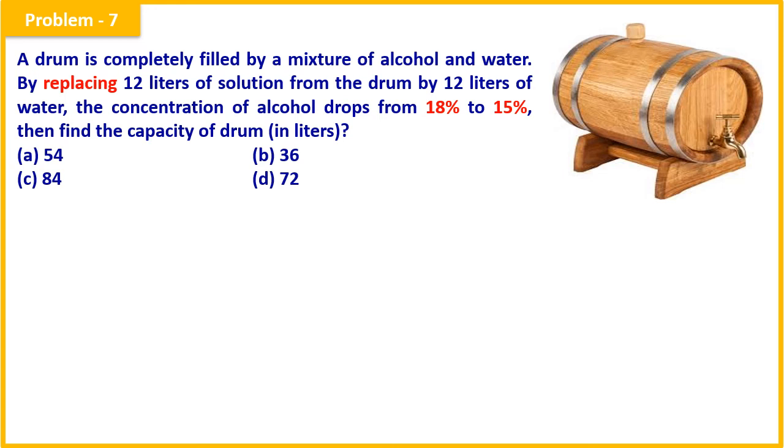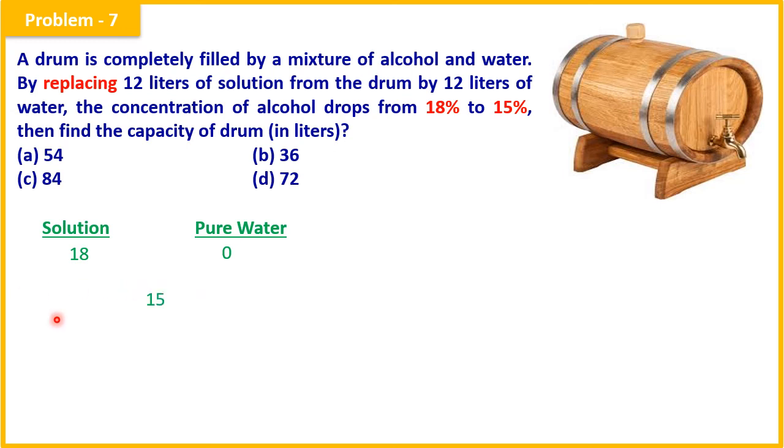Well, suppose we decide to solve this question in terms of concentration of alcohol. The concentration of alcohol in the solution is 18% and we are adding pure water, in which the concentration of alcohol is 0. Well, we want to bring this concentration from 18% to 15%. So that 15 should be written in the center here.